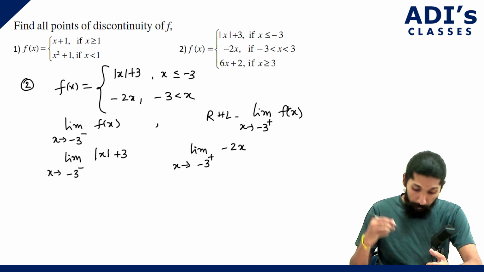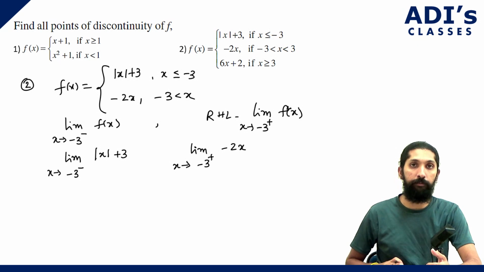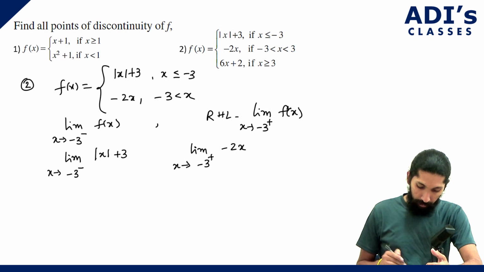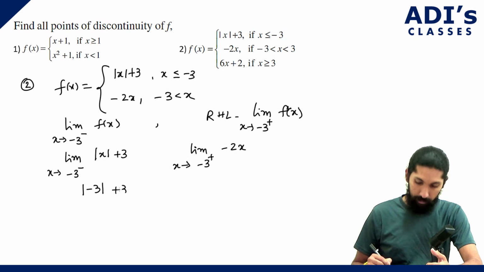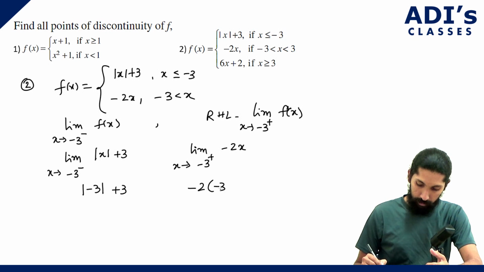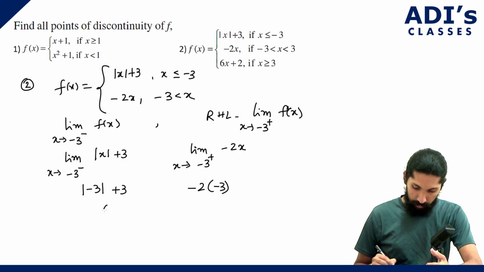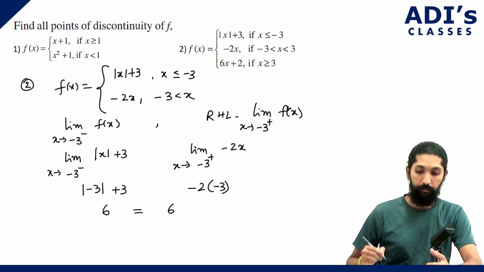Apply the value of x as negative 3: mod of minus 3 plus 3, and minus 2 times minus 3. So 3 plus 3 is 6. This is also 6. Both are equal.